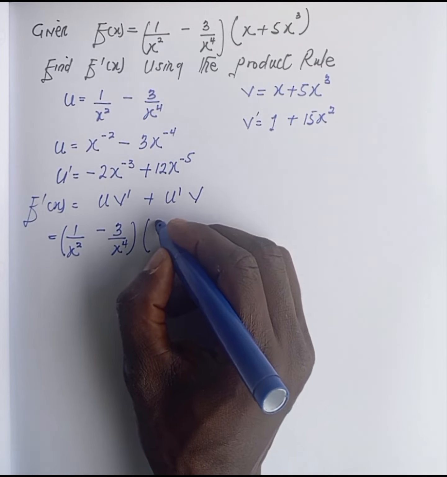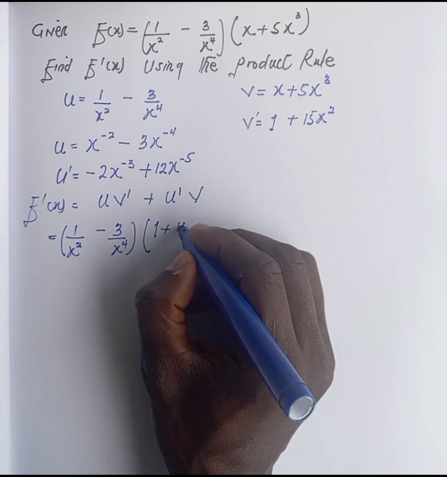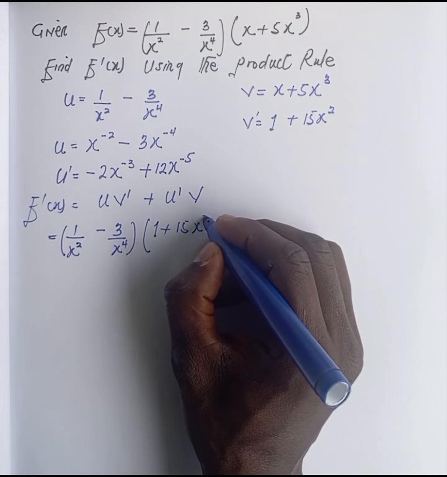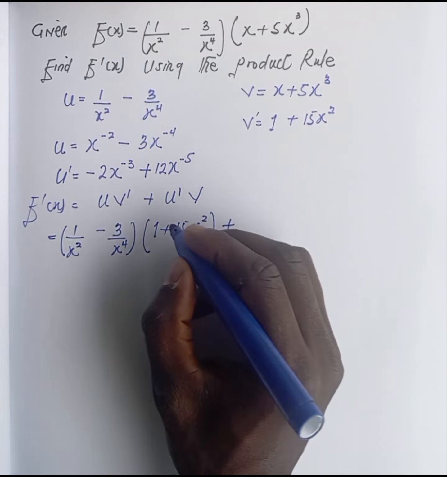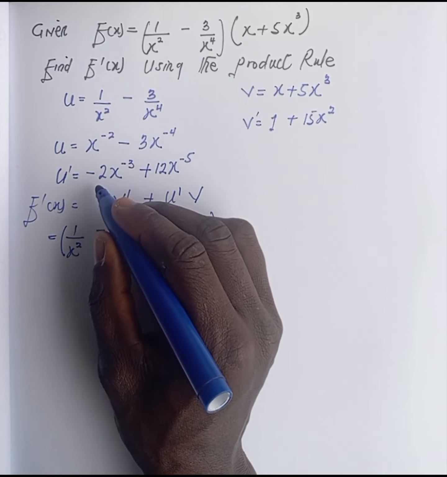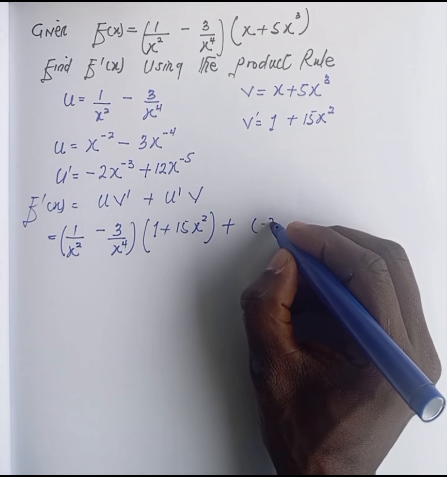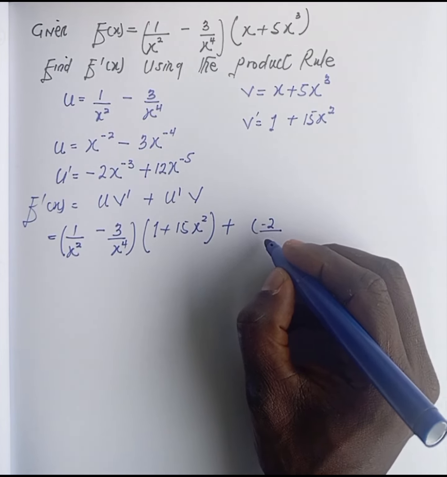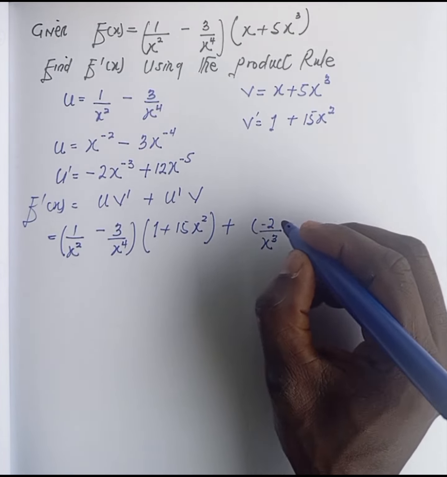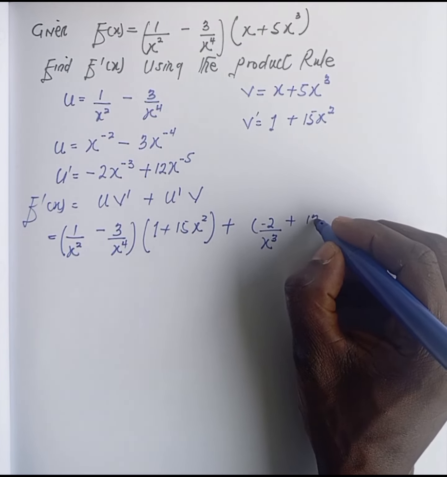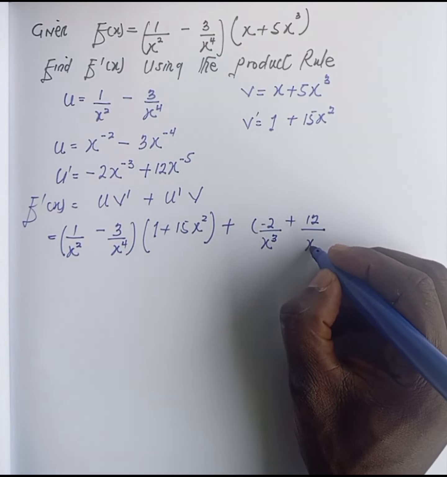We are getting 1 plus 15x squared. Now plus u prime. This is my u prime. I can write it in the form of -2 all over x cubed, and then we have plus 12 all over x power 5.